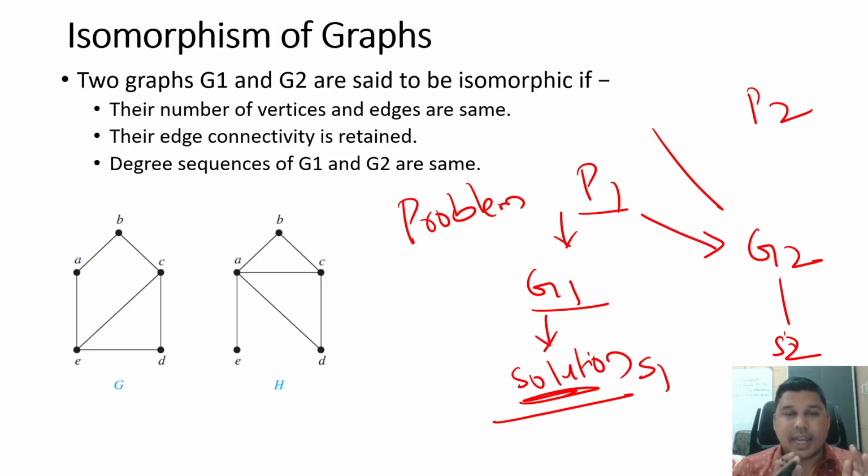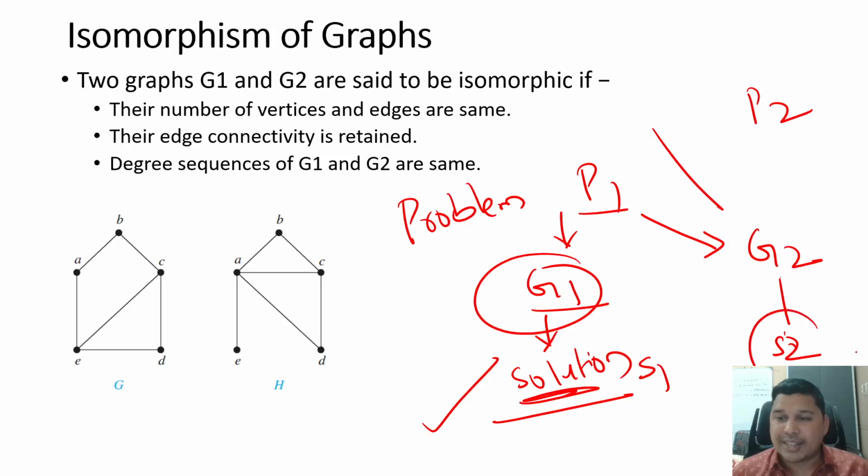Given a problem and some constraints, we formed the graph G1, applied some graph algorithms and found a solution. If a similar problem is converted to a new graph G2, and its properties match those of the earlier graph G1 which already has a solution, it is easy to find the solution S2.